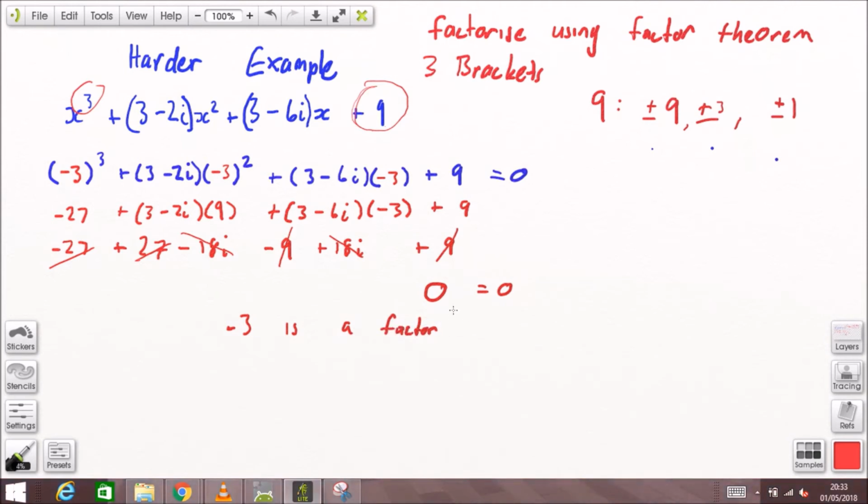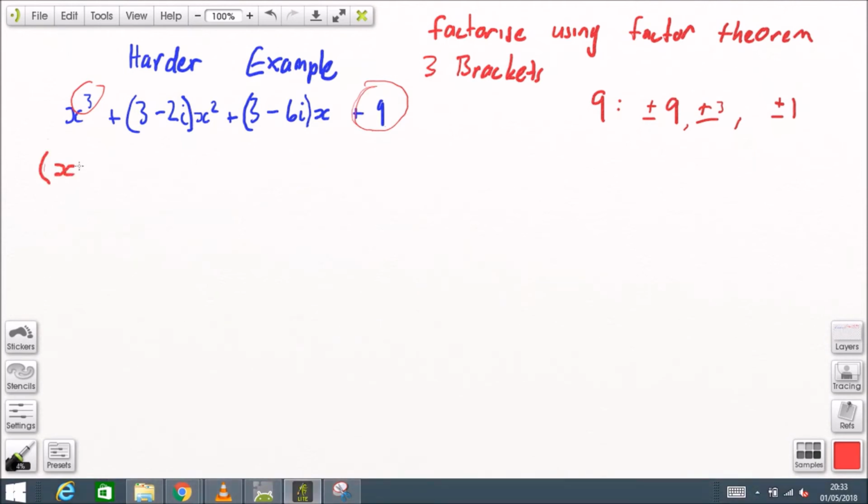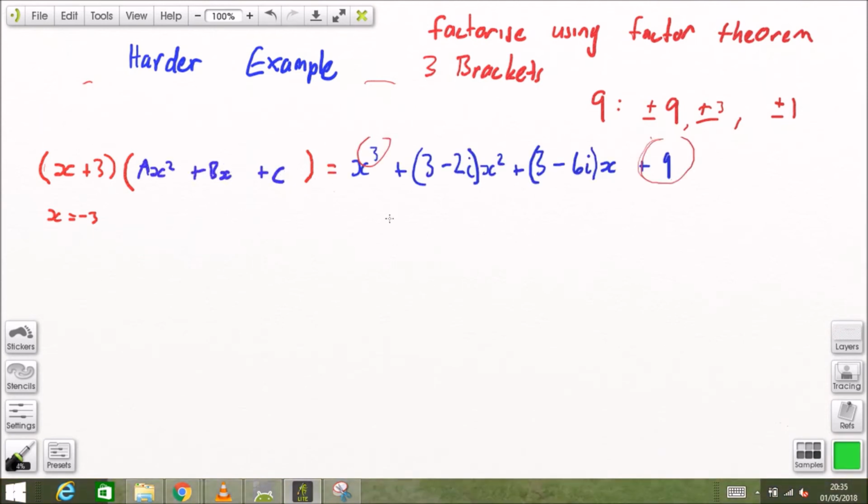So we're going to try and figure out the other brackets. But we know the first bracket, well, if x is equal to negative 3, well, x plus 3 is going to be one of our brackets. And because it's a cubic, that means that this bit left over here is going to have to be a quadratic. And there's going to be 3 values we have to figure out. So I'll just bring this over here.